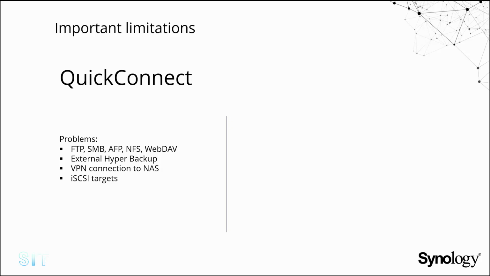And third, connection to the NAS via VPN and the QuickConnect address is not possible. iSCSI targets are also not accessible via QuickConnect, but this is not really a limitation since iSCSI targets are usually addressed directly in the local network anyway due to the performance requirements in such environments, and the iSCSI address is used.